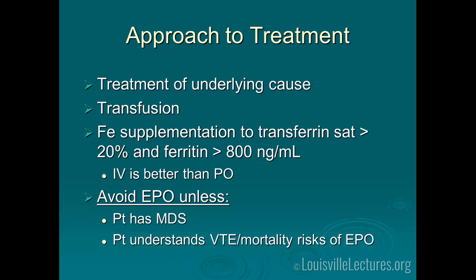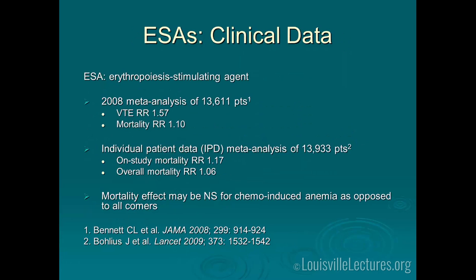As I said, iron typically should be given IV unless there's a good reason for iron deficiency, such as bleeding from colon cancer. Erythropoietin-stimulating agents should generally be avoided because they increase mortality risk. So in the early 2000s, it was very common to give darbepoetin and erythropoietin to patients who had cancer-related anemia, until we understood that these agents caused bad outcomes.